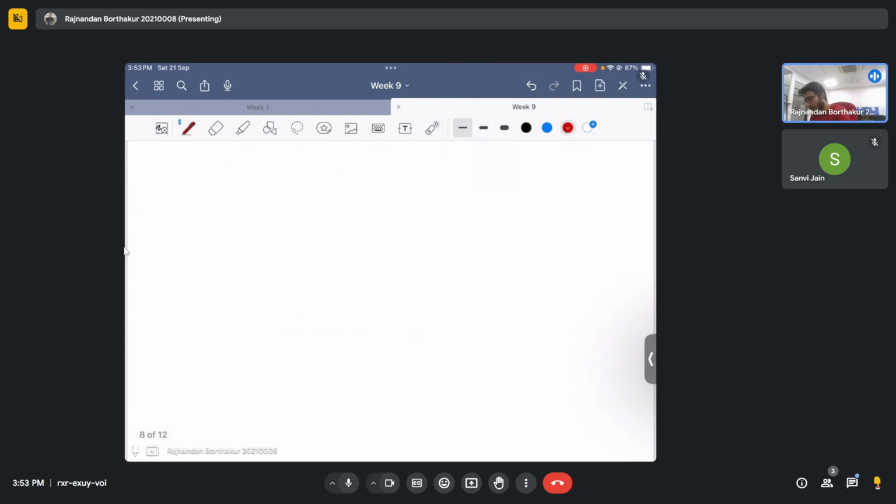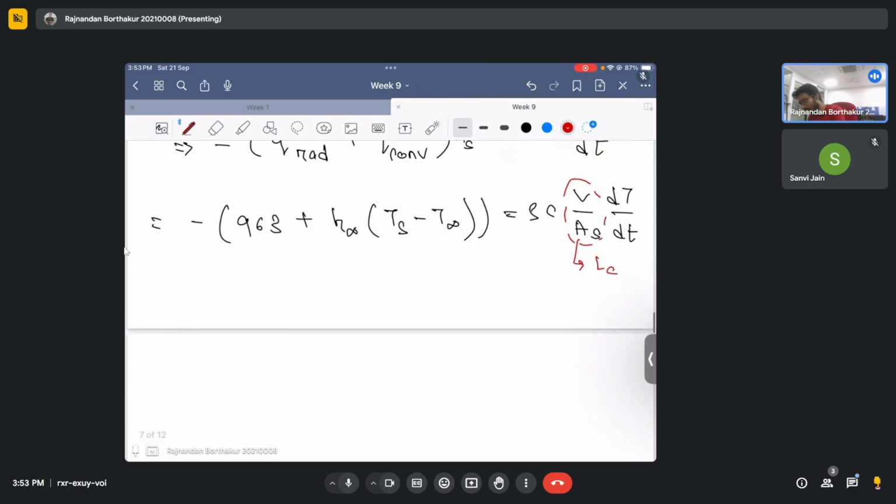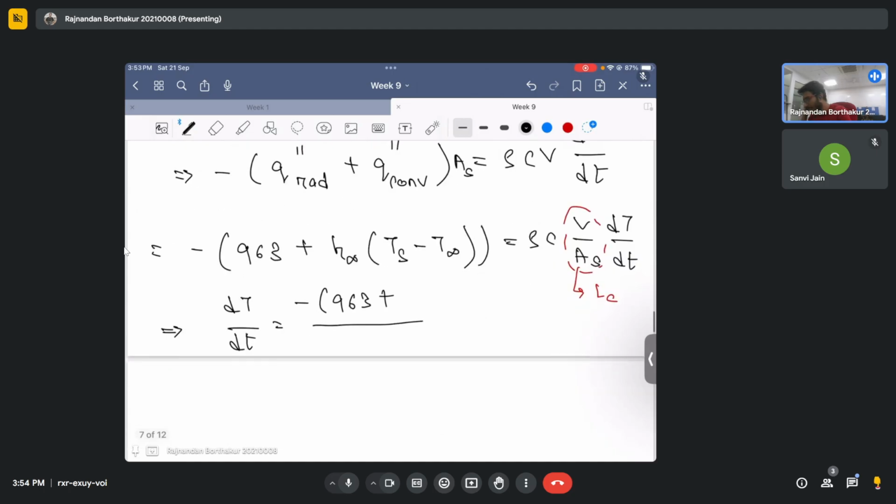This V by A_s, as we have seen multiple times, is basically the characteristic length of the body. Then you can simply plug in the values because you know all of them. So your dT by dt is minus of 963 plus h infinity, which is 40, times your surface temperature minus ambient, 400 minus 30.